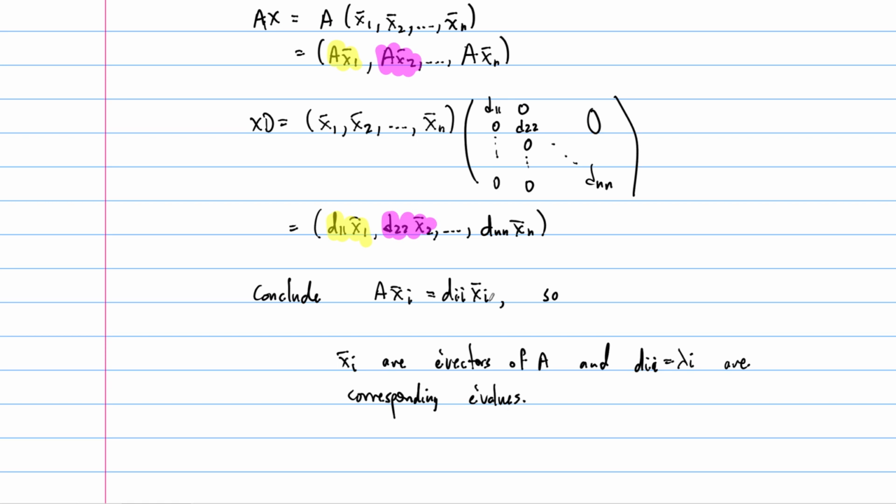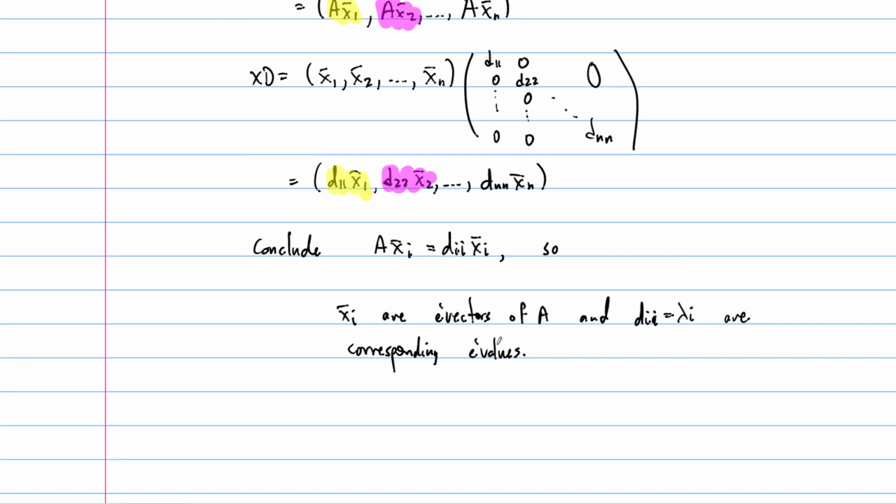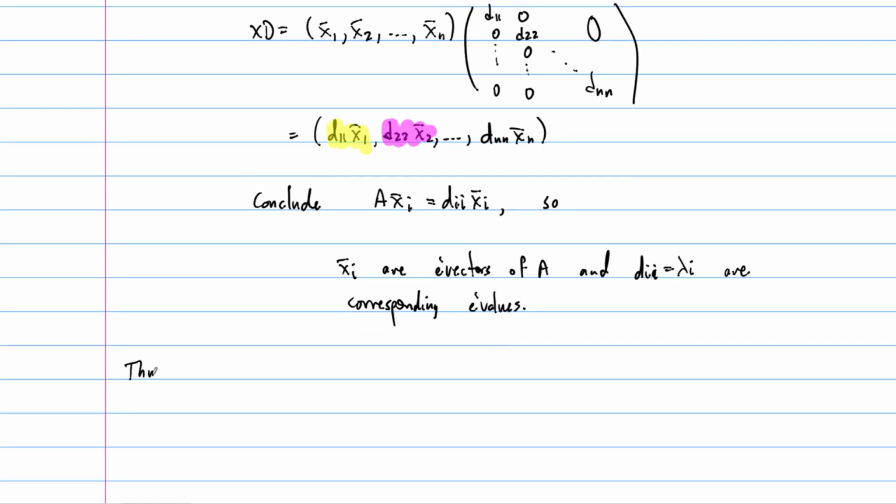So we can summarize all of this in a theorem now, and so we will. The theorem says the following. A in R, n by n, is diagonalizable if and only if, so A is an n by n matrix, if and only if A has n linearly independent eigenvectors.